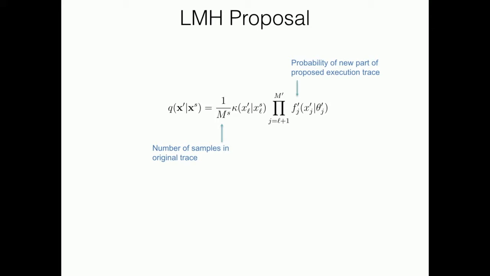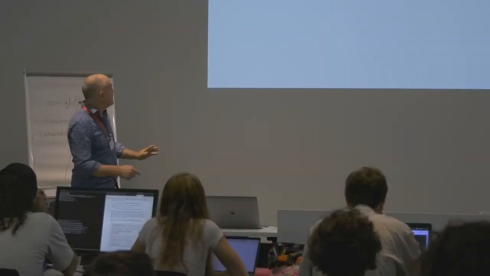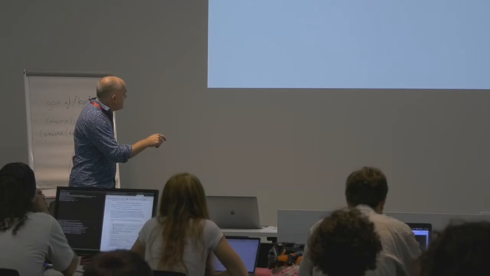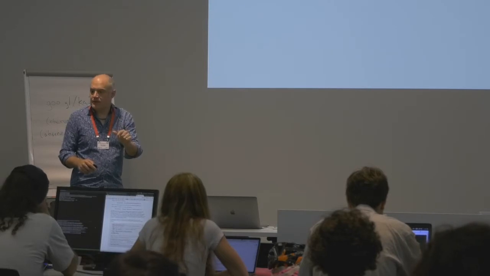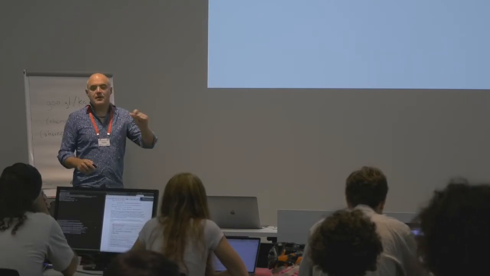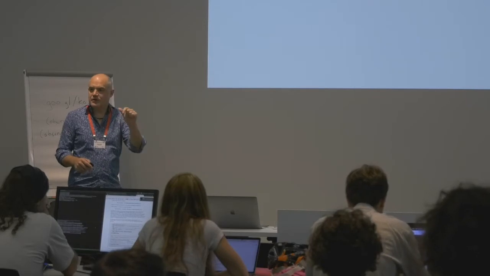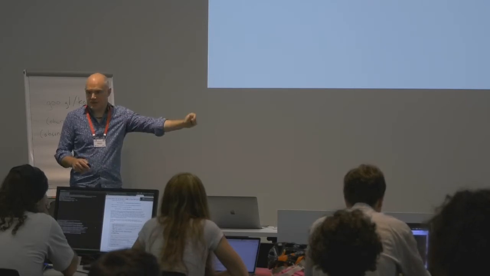There are some subtleties, and I can see that many of you are not sufficiently caffeinated to endure the subtleties of why we need to do this. But basically, this needs to be re-executed because of the branching statements and that sort of stuff. So if you make a change to a particular random variable, you have to make sure that the value you select is compatible with the rest of the trace.